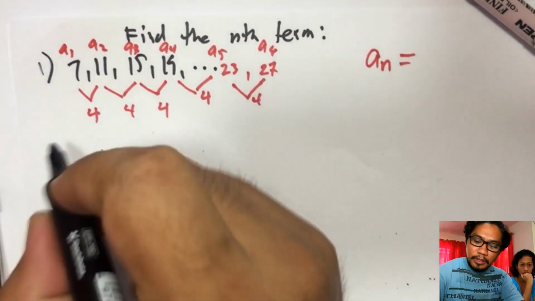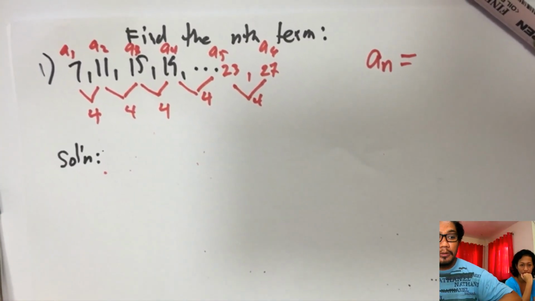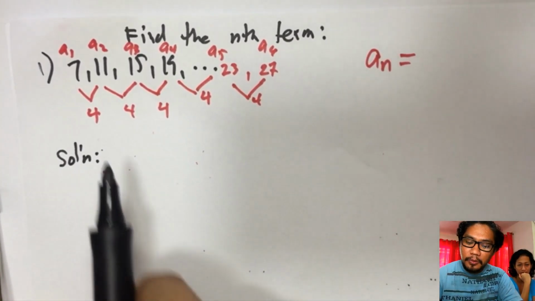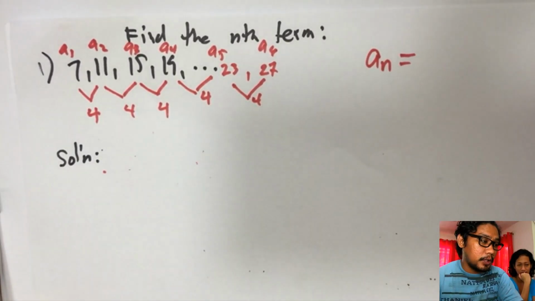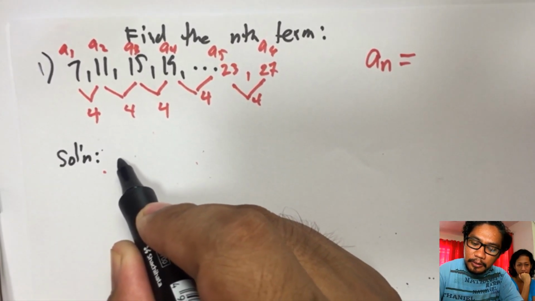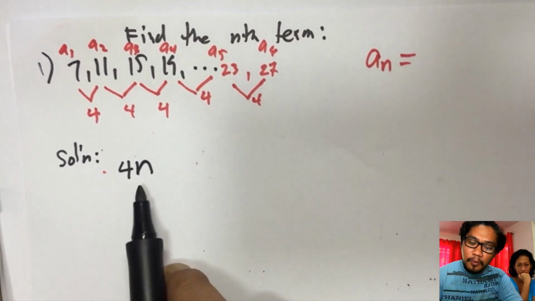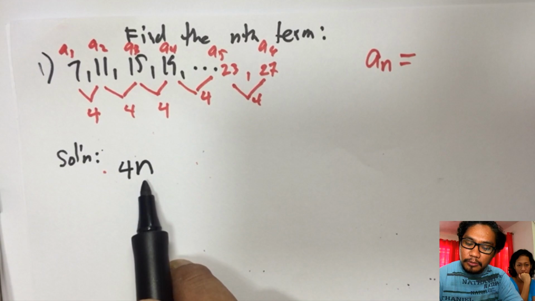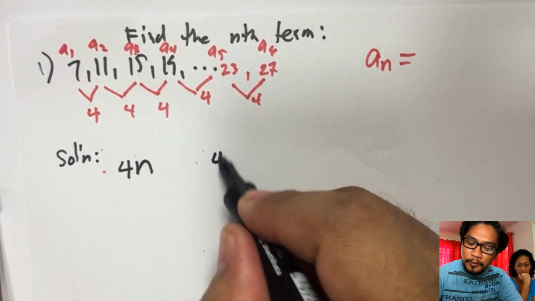To investigate our possible nth term, we may use the observed difference, which is 4 here, and start with an initial expression. Maybe we can use the 4 and make 4n our initial expression, because when we let n be equal to 1, that gives us 4 times 1, which is 4.